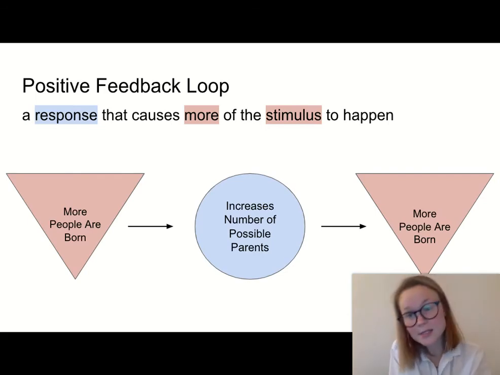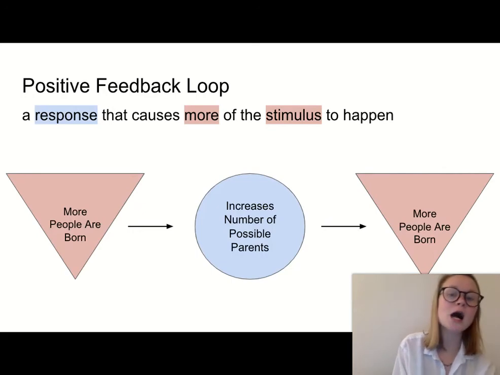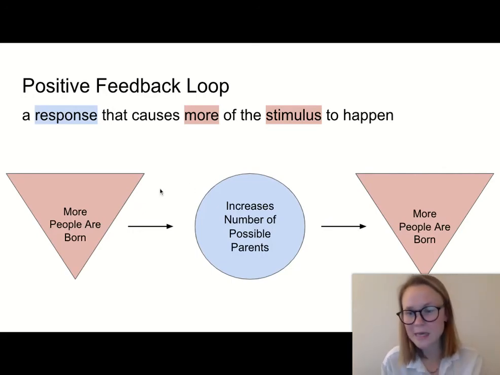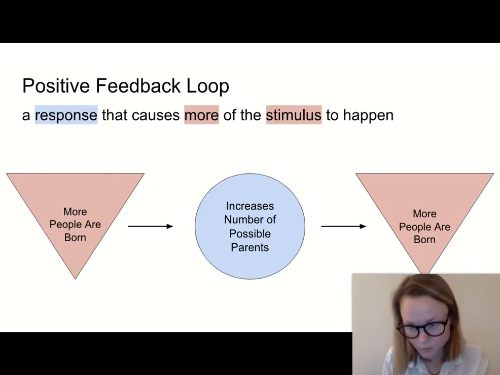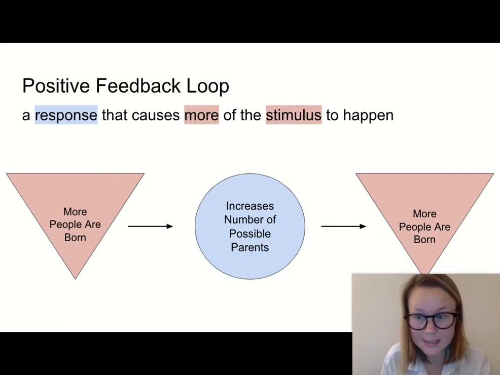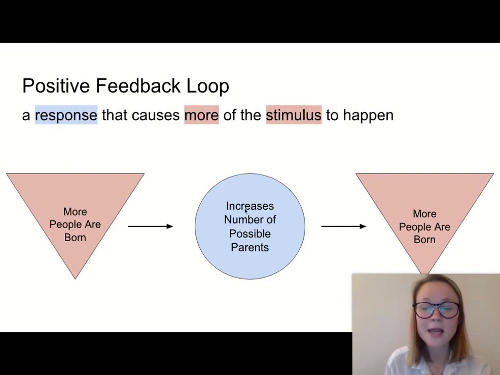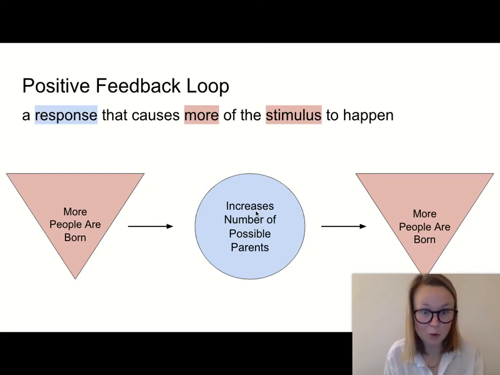On the other hand, there are things called positive feedback loops, which are when the response to the stimulus causes more of that stimulus to happen. An example for this would be when there are more people born. When the birth rate increases, there's more people being born every day. Eventually, that will cause an increase in the number of possible parents because there are more people in the world.